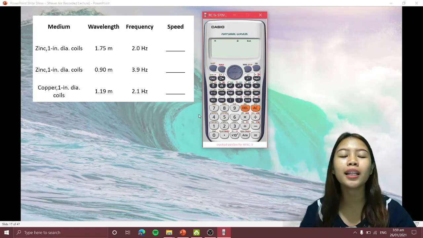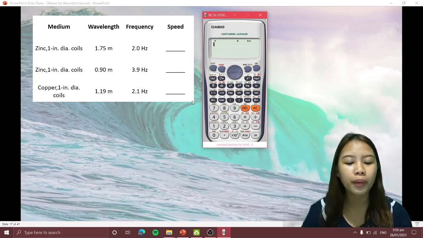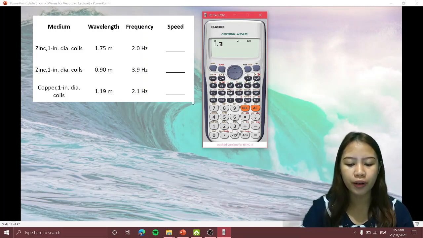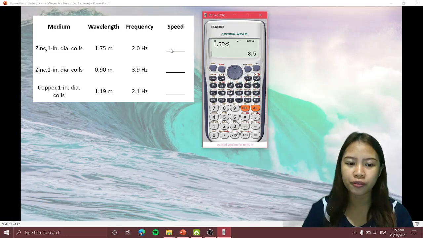So we just multiply frequency and wavelength. For the first one, let us multiply 1.75 times 2, and that is equal to 3.5.